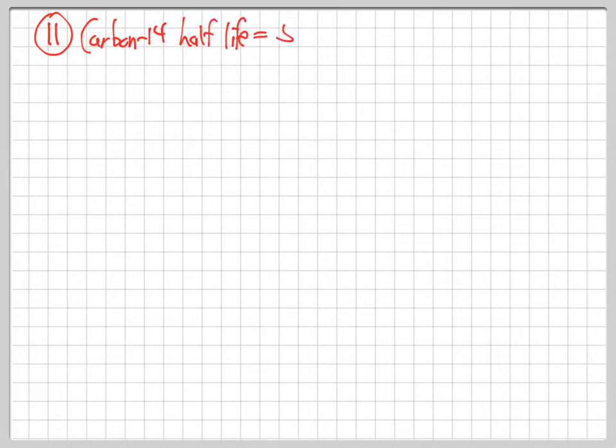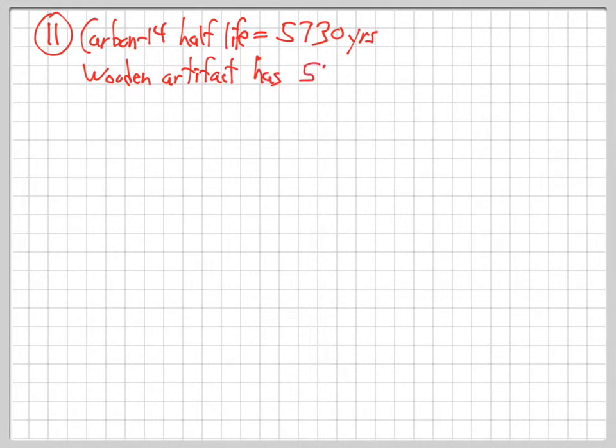So number 11. Carbon-14, half-life, 5,730 years. Okay, and the wooden artifact has 55%.